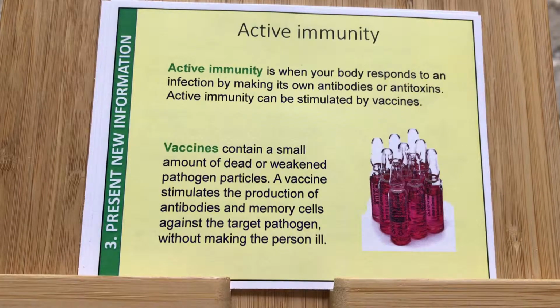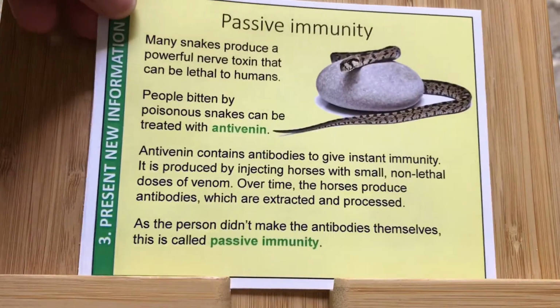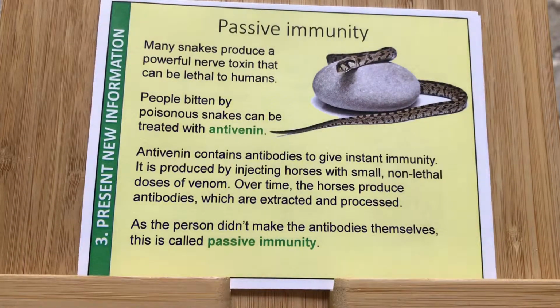In the vaccine there is a small amount of dead or weakened pathogen, so it can't affect our body in the same way as the real disease would, and it stimulates the white blood cells to make the correct antibodies and then those memory cells, so that in the future the person has that active immunity to fight it.